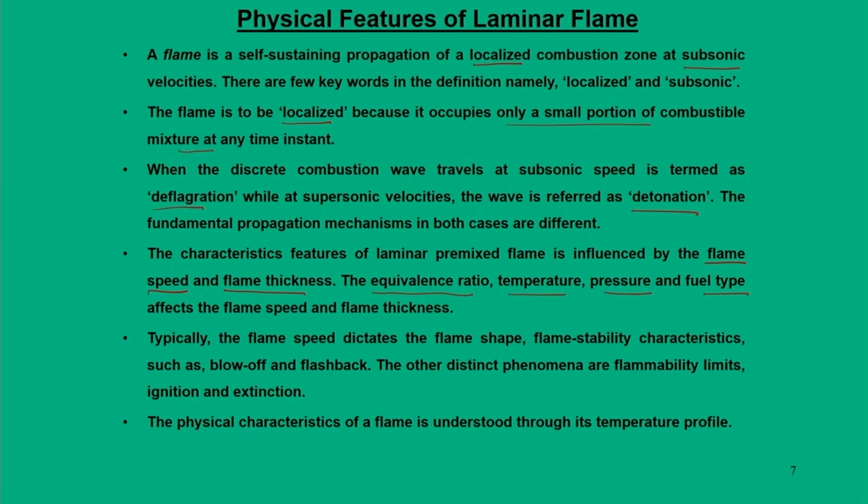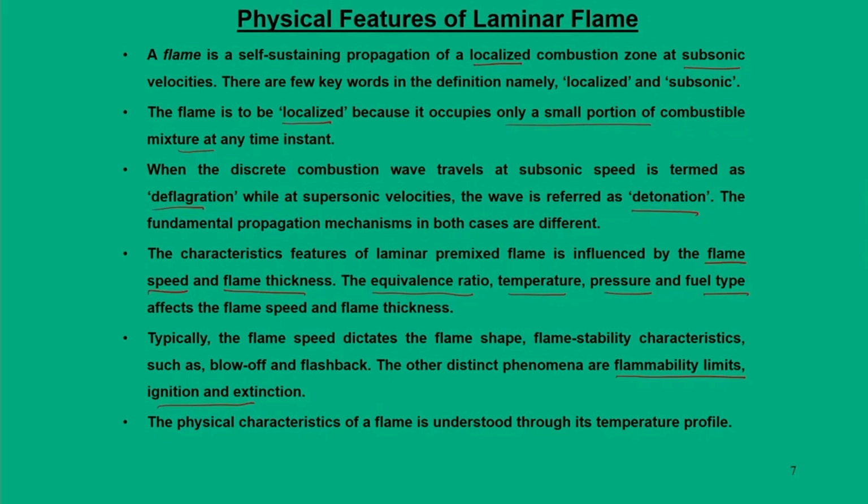And among all the other parameters, we also require the flammability limits, ignition, and extinction. That means for a self-sustaining flame, we need to put in an appropriate amount of energy, which we call the ignition energy, and for the flame to be terminated, we require flame extinction.